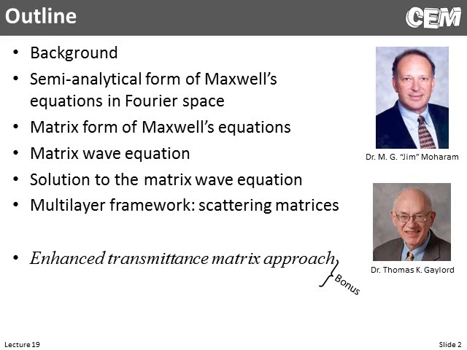But there are a lot of benefits to other methods, specifically this one. It's about 10 times faster than scattering matrices in my experience. And I even have a pretty good formulation of scattering matrices that I think is a bit more efficient and runs faster than others, and I still notice a significant speed increase with the enhanced transmittance matrix approach, but it's more memory hungry, whereas the scattering matrix is a bit more memory efficient. So we'll get to that.